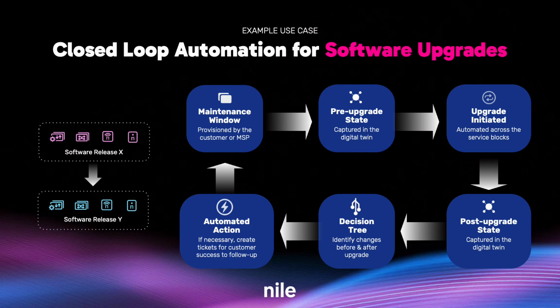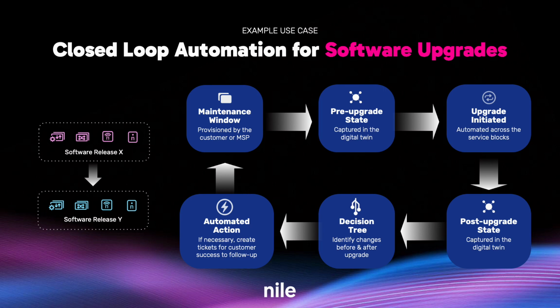And what is done is a comparison of the pre and post snapshot. And the decision tree, essentially an automated analysis, is run on the pre and post snapshot to make sure that there are no discrepancies. If there are discrepancies found, then the soft bot would go ahead and possibly even roll back the software to the previous version.